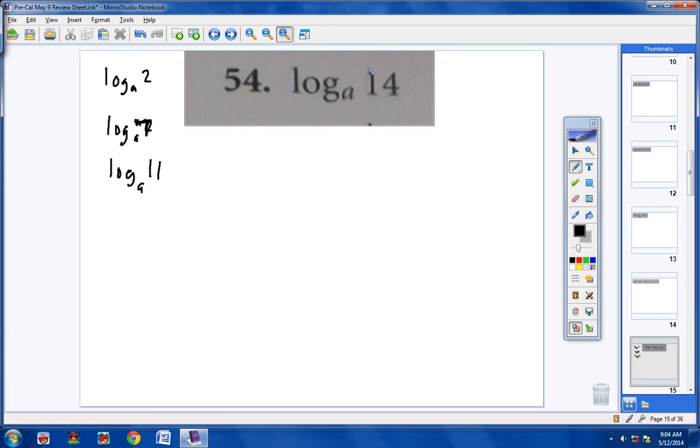Now, the first thing I noticed, Matthew, is they want us to solve log base a of 14. Well, I have no idea what that is, but I know I can rewrite the 14 because I know my logarithmic properties as 7 times 2. And then, because my argument is multiplying, I can write two logarithms that are being added. So log of 7 plus the logarithm of 2.